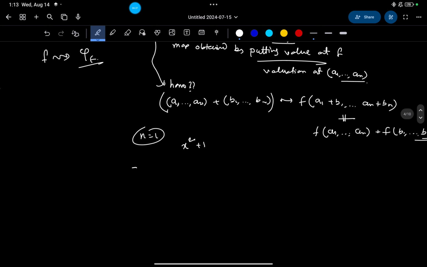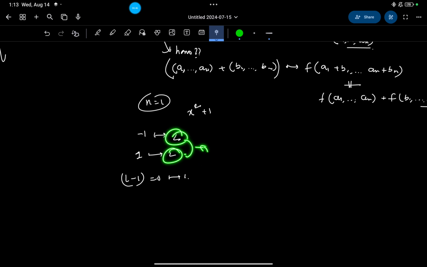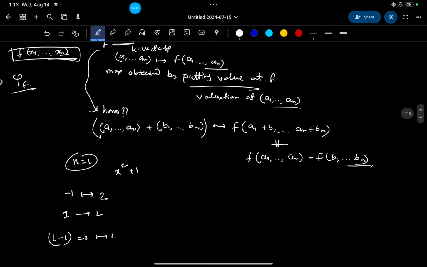Then minus 1 is mapping to 2, 1 is mapping to 2, but 1 minus 1 is 0, which is mapping to 1. So that means f(-1) plus f(1) is nothing but 4. It may not be the same as f(1 minus 1), right?